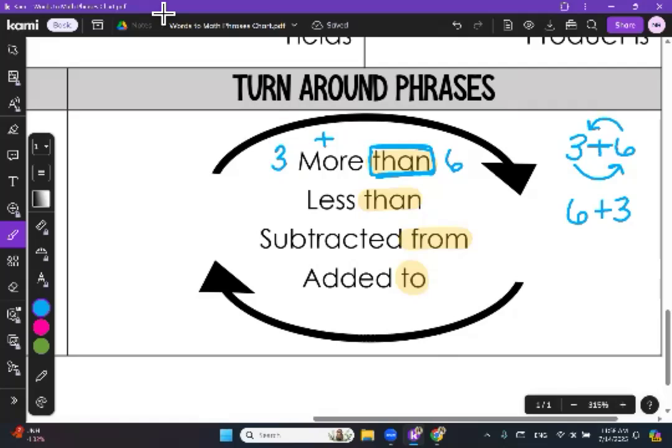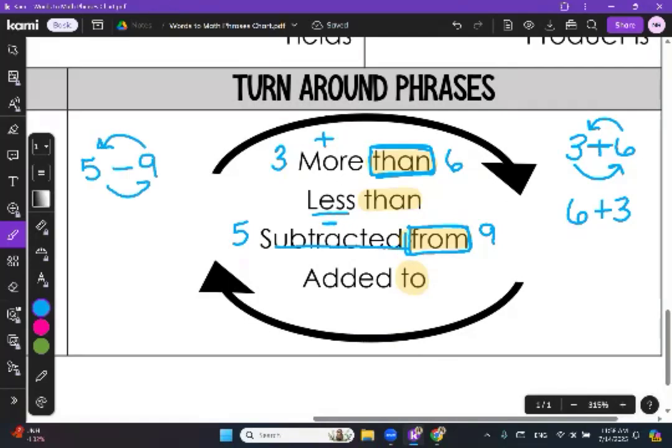Where it does come into play, where it is extremely important, is when we're subtracting, with less and subtracted from. So let's say 5 subtracted from 9. Subtracted means minus. From is my turnaround phrase. Normally the way I read it, I would write 5 minus 9, correct?